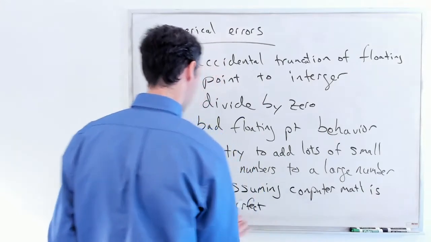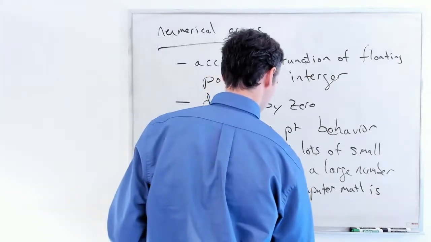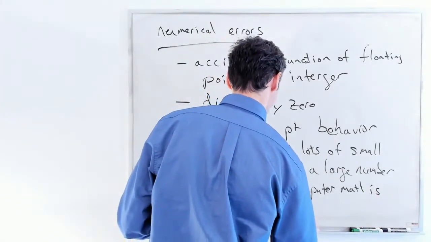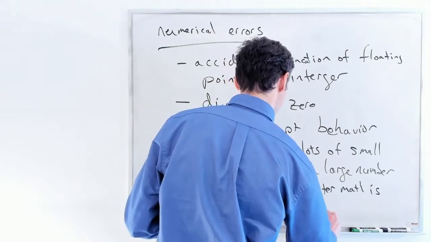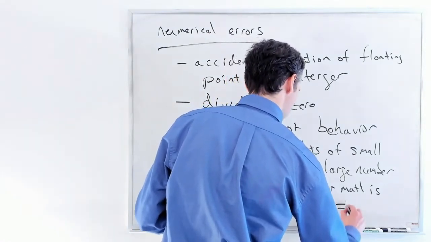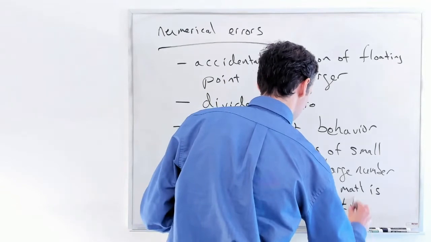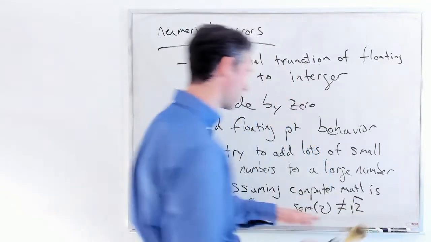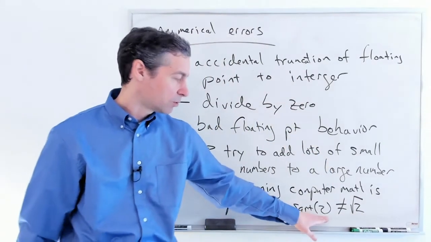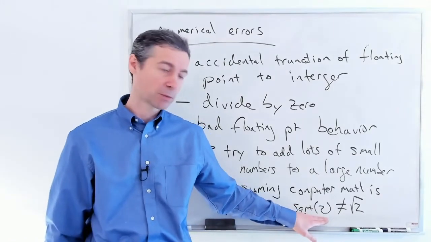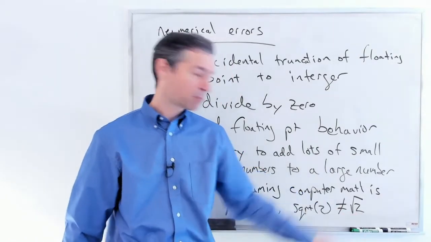It's always an approximation. For example, some people will assume that the square root of 2 in their code is equal to the mathematical square root of 2, but it's not. If we take the square root of 2, this is an approximation to the square root of 2. It is not the mathematical square root of 2.